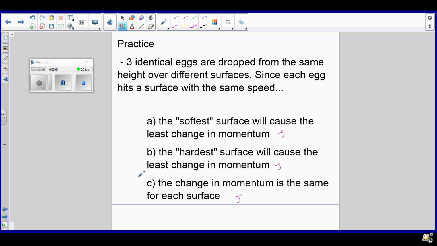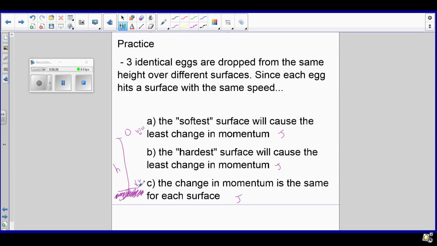Well, think about it. If you drop an egg from some height h, we could use conservation of energy to find out what speed it hits the ground with. Regardless of what material we put on the bottom that it collides with, essentially the egg goes from a velocity initial of 0.